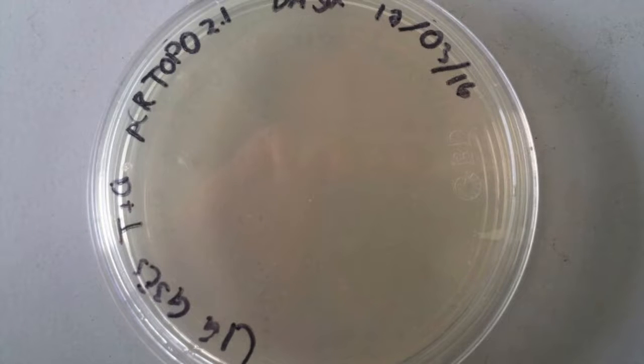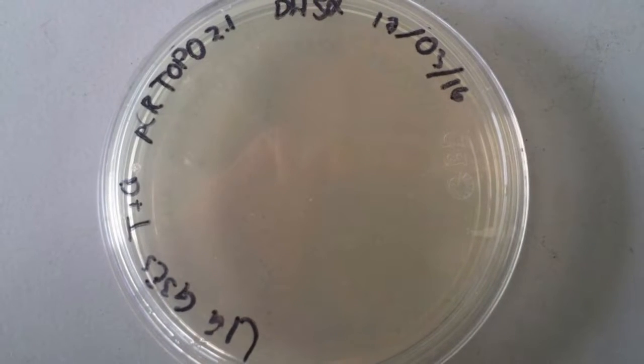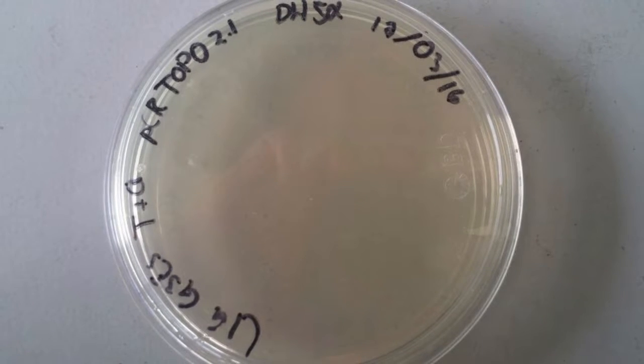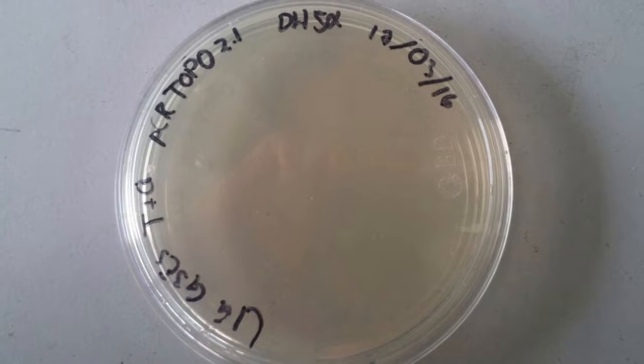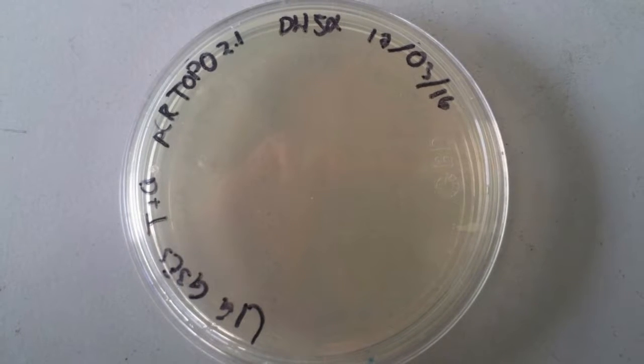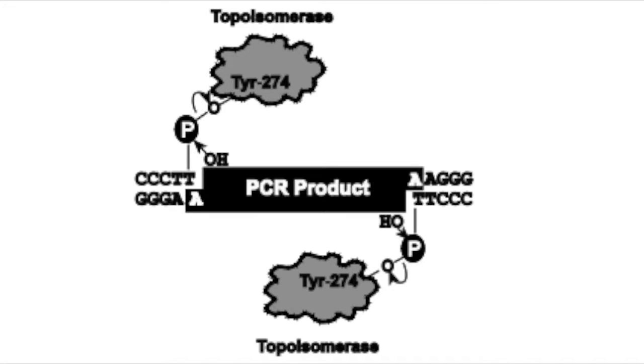The results include 20 white, round, smooth and regular colonies without any blue colony. According to the observations, the efficiency is 4 times 10 to the third colony-forming units per microgram of PCR 2.1 topo. Topo cloning is a method developed to ligate PCR products in about 5 minutes right after the PCR has been run.